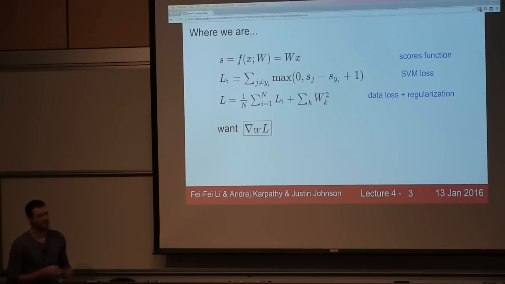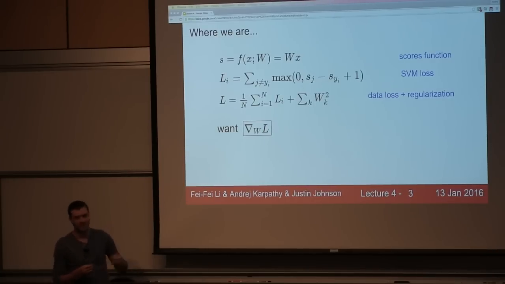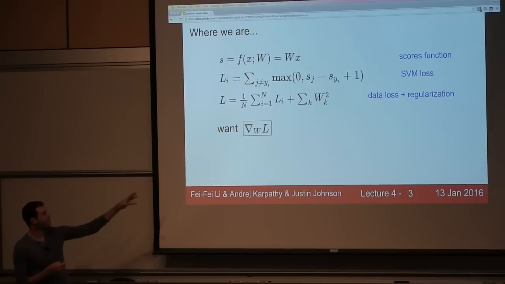So where we are right now, just as a reminder, we have the score function. We've looked at several loss functions, such as the SVM loss function last time. And we looked at the full loss that you achieve for any particular set of weights over your training data. And this loss is made up of two components. There's a data loss and a regularization loss, right? And really what we want to do now is derive the gradient expression of the loss function with respect to the weights.